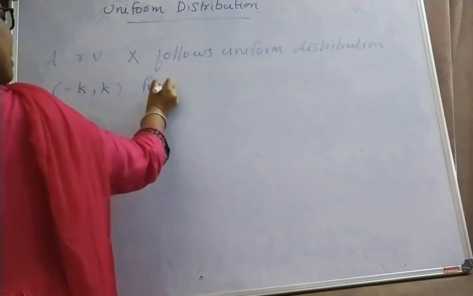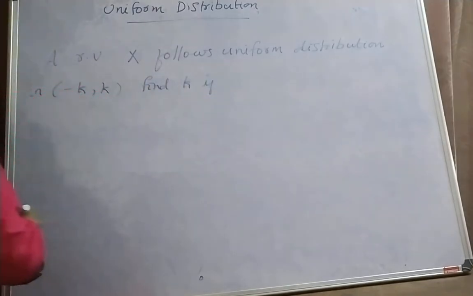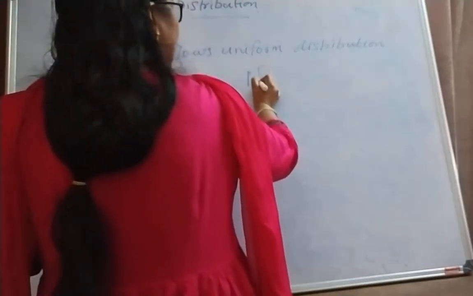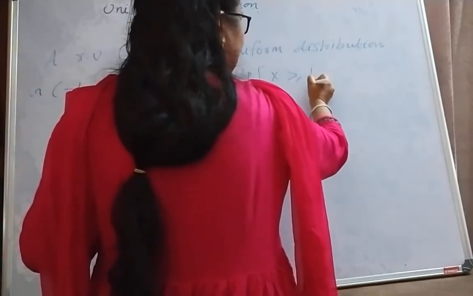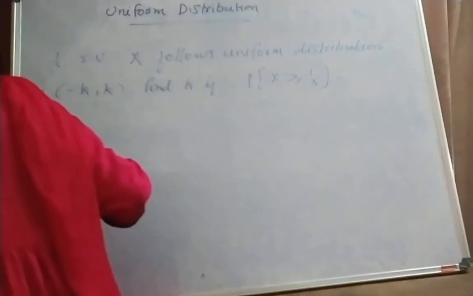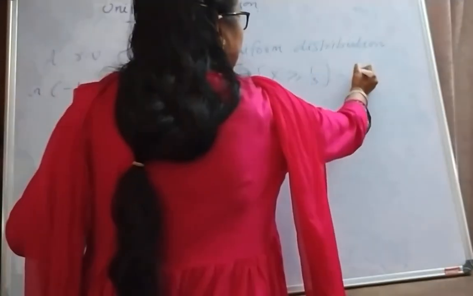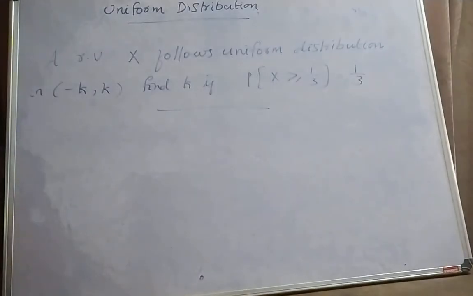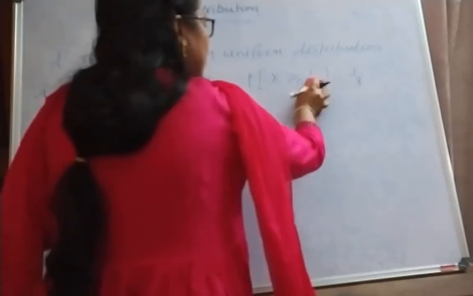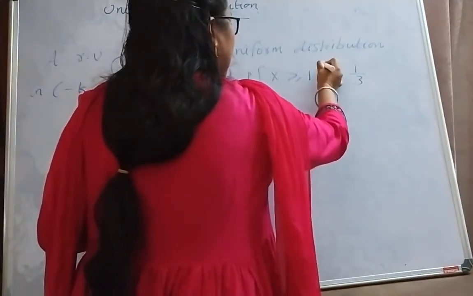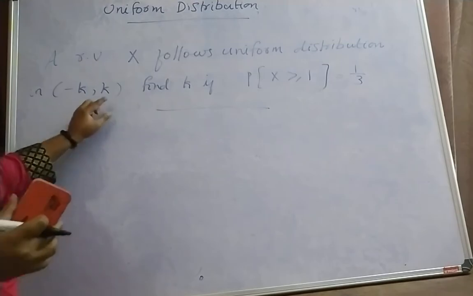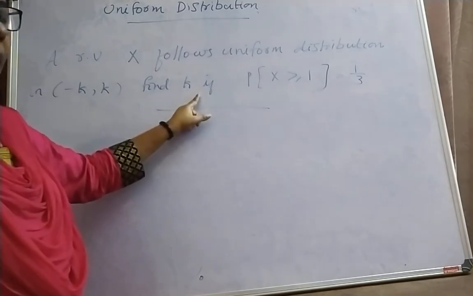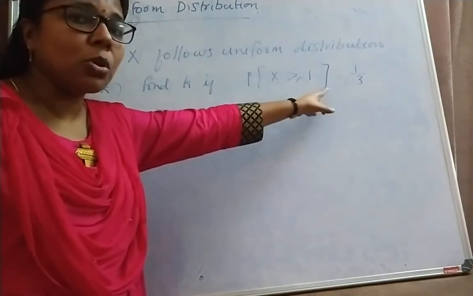Find k if the probability of x greater than or equal to 1 by 3 is 1 by 3.